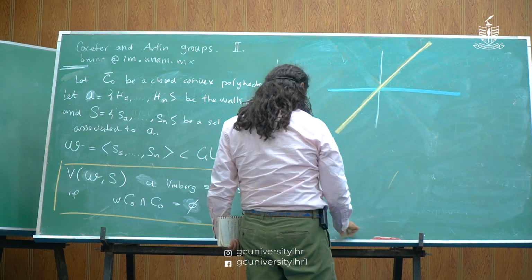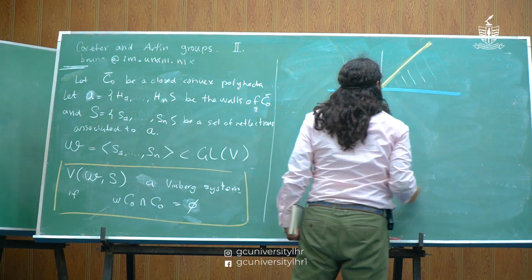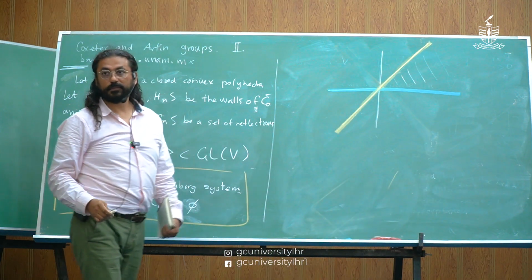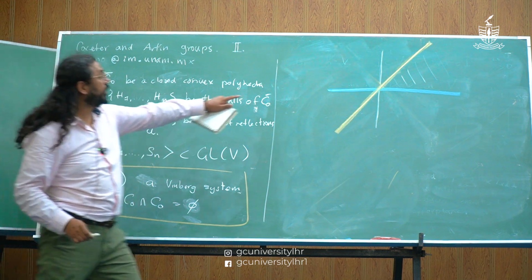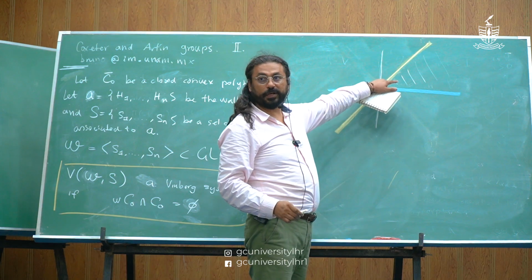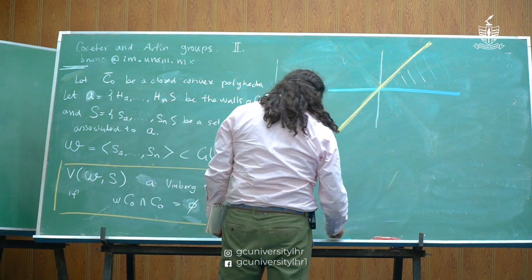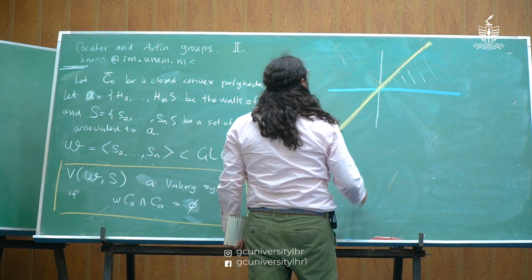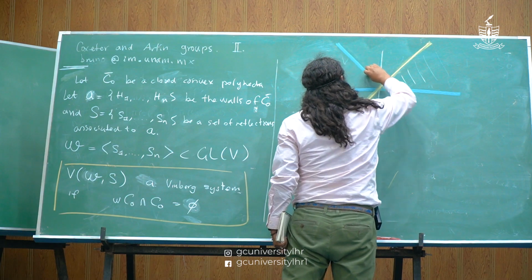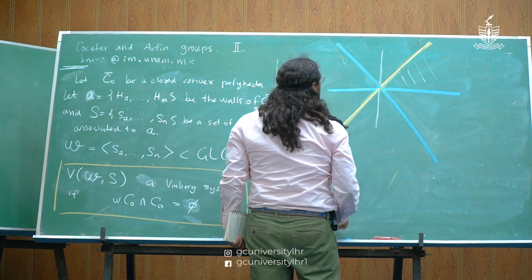And this is our cone. Well, this will be our polytope, our convex polyhedra. And when we do the action, it will move like this.